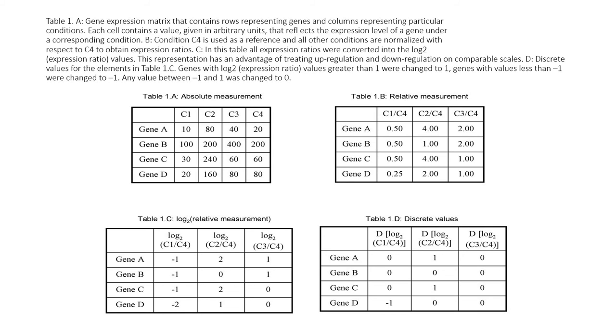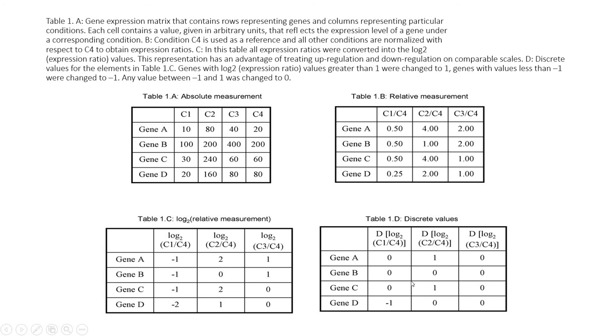If the value is greater than 1, then it is shown as 1. Values that are between +1 and -1 are all shown as 0. So this is the discrete value. Here again you can see this value is -1 in the 1C table, so it is shown as 0. This is 0, this is 0, and this is 1, this is also 0.